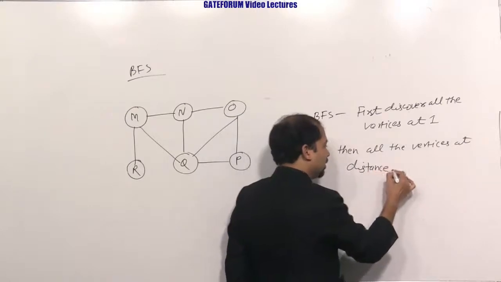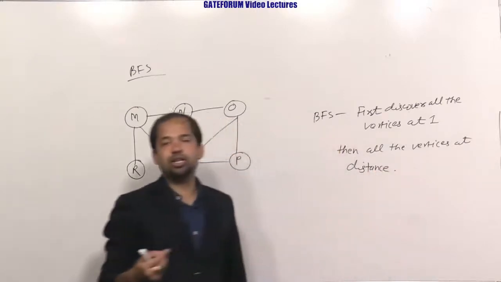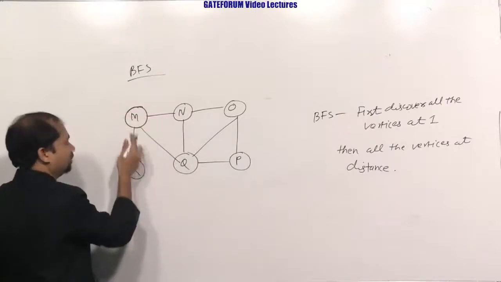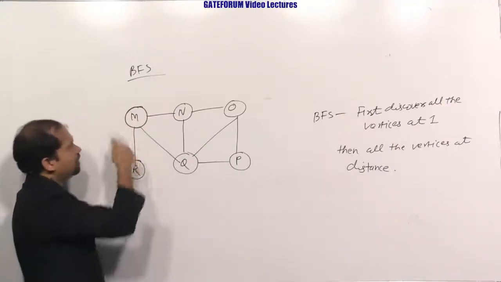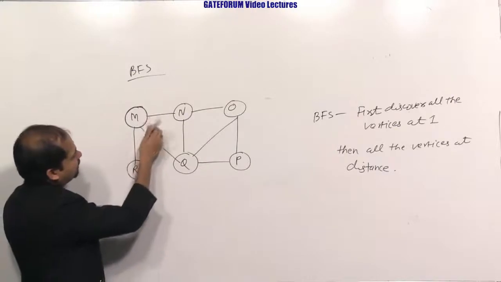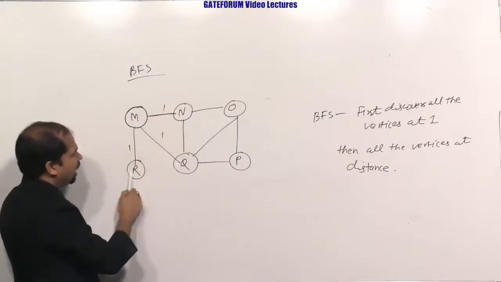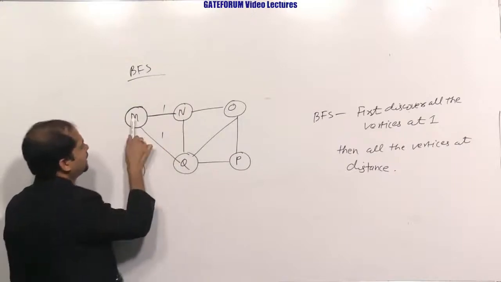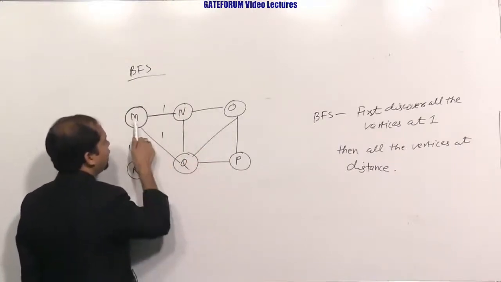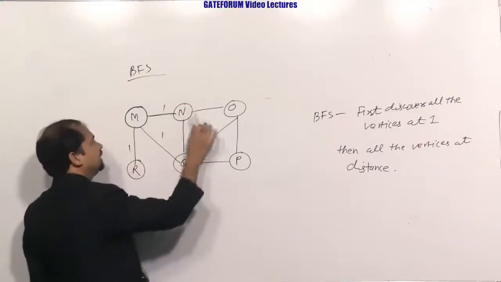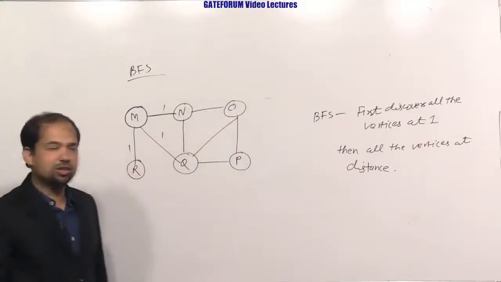This is because of the Q. Suppose you push M, so if you insert M in Q, then the distance of M to N is 1. So after M, N, Q, R are visited, and the distance of O and P is 2. So when all the vertices of distance 1 are visited, then only we will visit the vertices of distance 2.